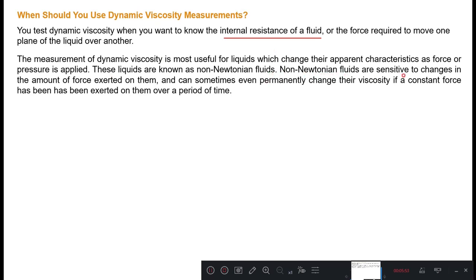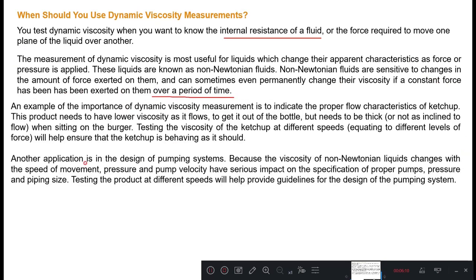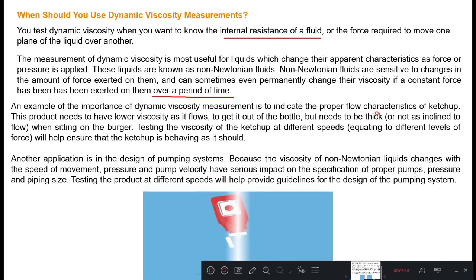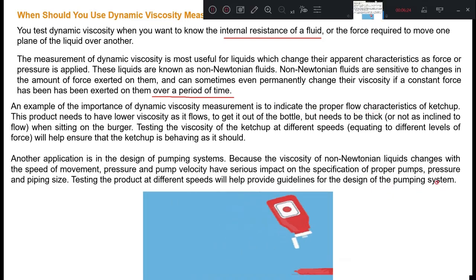Non-Newtonian fluids are sensitive to changes in the amount of force exerted on them and can sometimes even permanently change their viscosity if a constant force has been exerted on them over a period of time. Another example of the importance of dynamic viscosity measurement is to indicate the proper flow characteristics of ketchup.